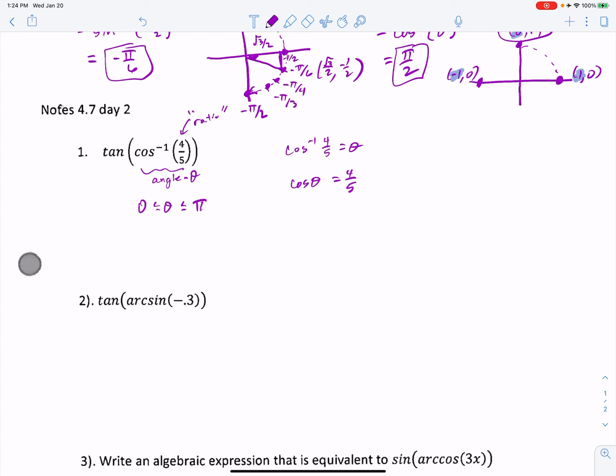So I'm saying all of this, since the ratio is positive and the limitation on the angle is 0 to pi, it must be in quadrant 1. And so cosine is adjacent over hypotenuse, so I'm thinking I can draw a triangle where the adjacent side is 4 and the hypotenuse is 5.